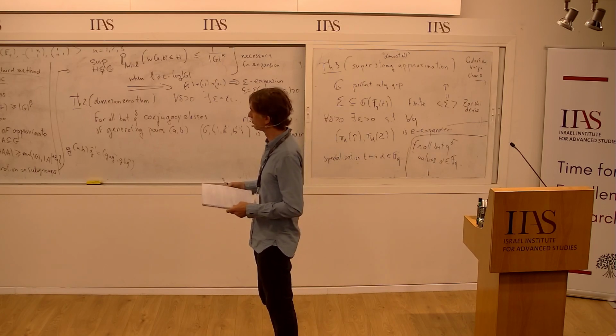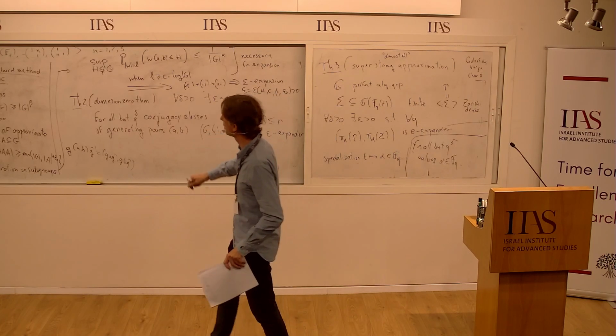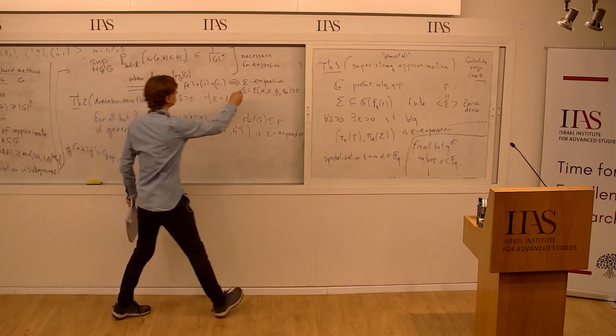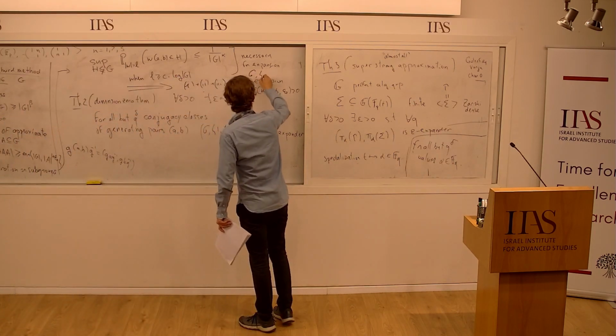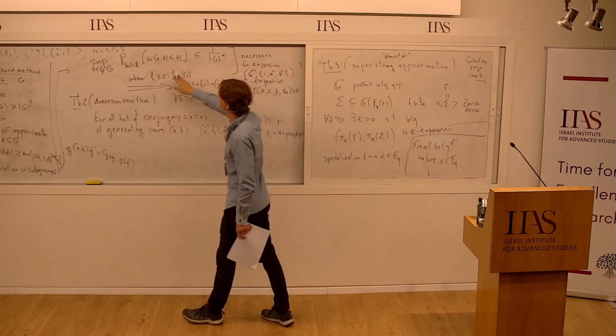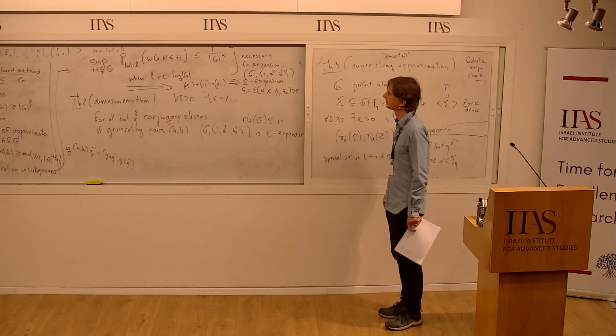Finite group. Okay, so this is true for an arbitrary finite group. So what is expanding here is G with respect to this generating set given by A and B.